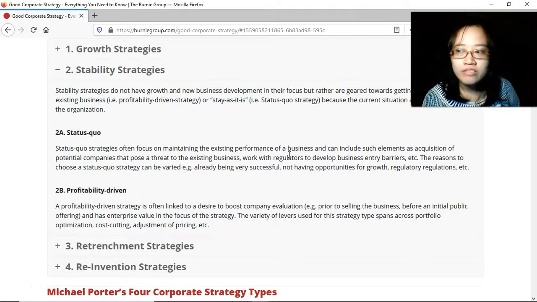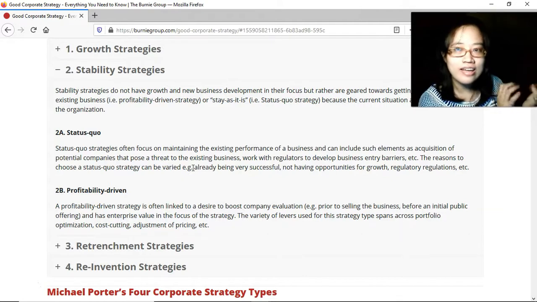Existing performance of a business and can include such elements as acquisition of potential companies that pose a threat to the existing business. Okay. Part nung sa status quo, syempre, for you to maintain yung existing performance ng business, you also have to look at the competition. Kapag yung sa competition niya, let's say, may sumulpot na panibagong business, and they are eating up a share of the market.